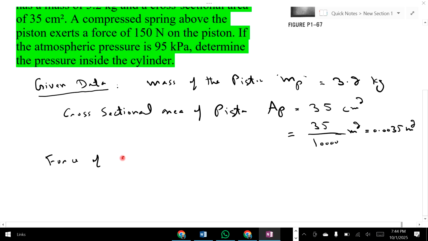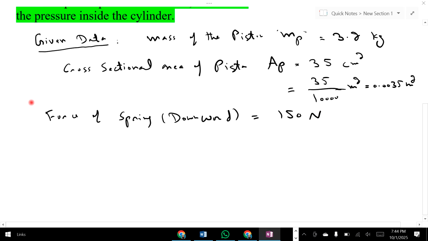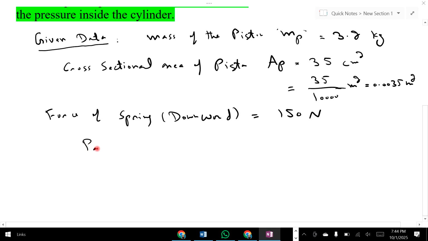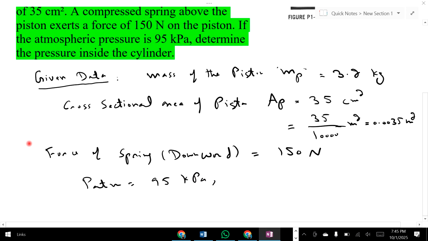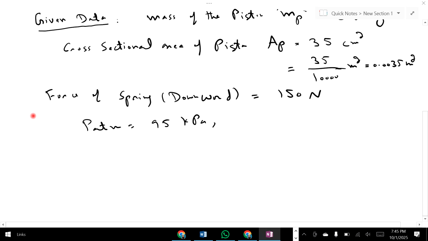So force of spring, and this is downward force, is equal to 150 Newton. If the atmospheric pressure is 95 kilopascal, PATM is equal to 95 kilopascal. Determine the pressure inside the cylinder as gas, it means that find the pressure of gas.